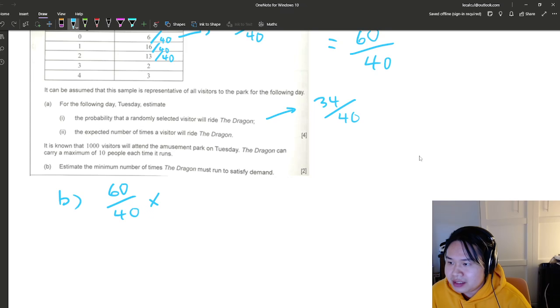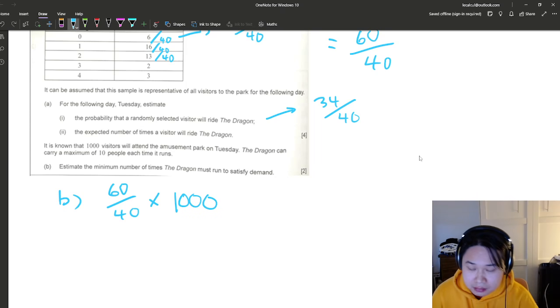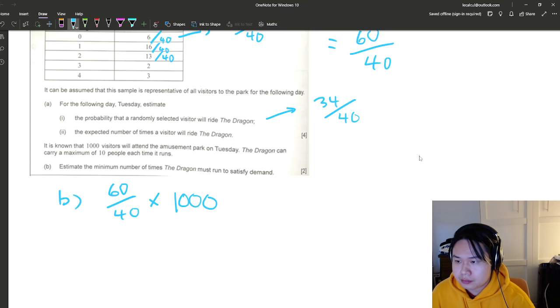If we multiply this by 1,000, this is how many people you can expect to ride the dragon in 1,000 people. Maybe I will reduce this. What is this? 3 over 2? 3 over 2 times 1,000.